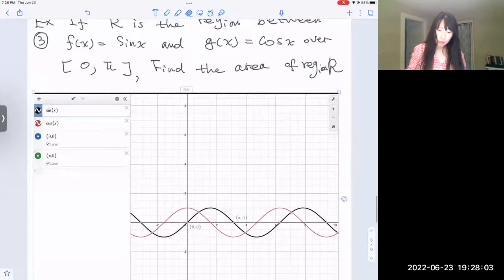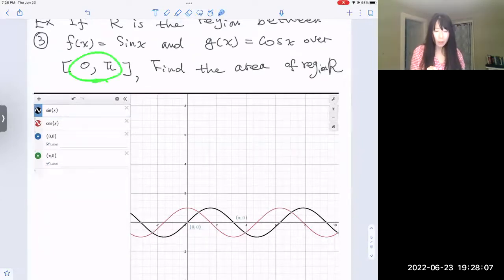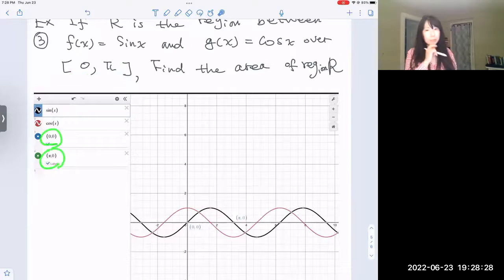We want to know about the area between 0 and pi, but this interval is about the x interval, the x-axis. So I cannot type that in Desmos. So I have to type it this way: if x is pi, then the y value is 0, right?